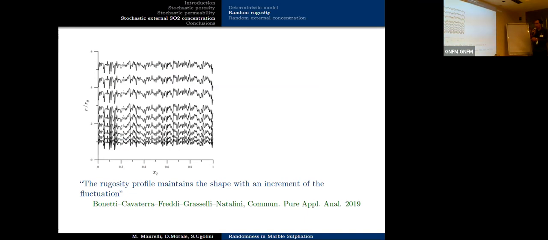This is the initial rugosity, and you see how it evolves in time. This is after 100 iterations, and you see that the profile remains more or less the same, but with a slightly increasing oscillation. I'm not sure you can see this too much here.